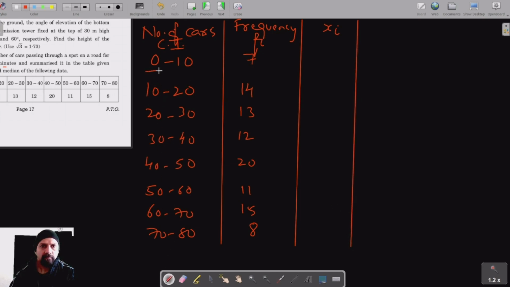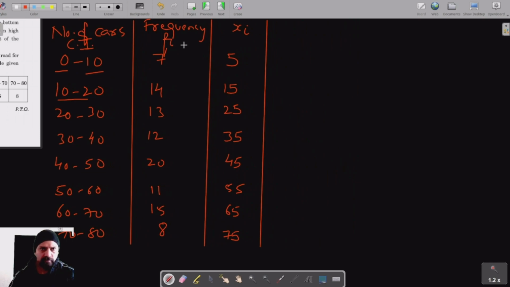So the first is 5, and 10 plus 20 is 30, divided by 2 is 15. 20 plus 30 is 50, divided by 2 is 25, and then 35, 45, 55, 65, and 75. Now let's get the product of fi into xi.